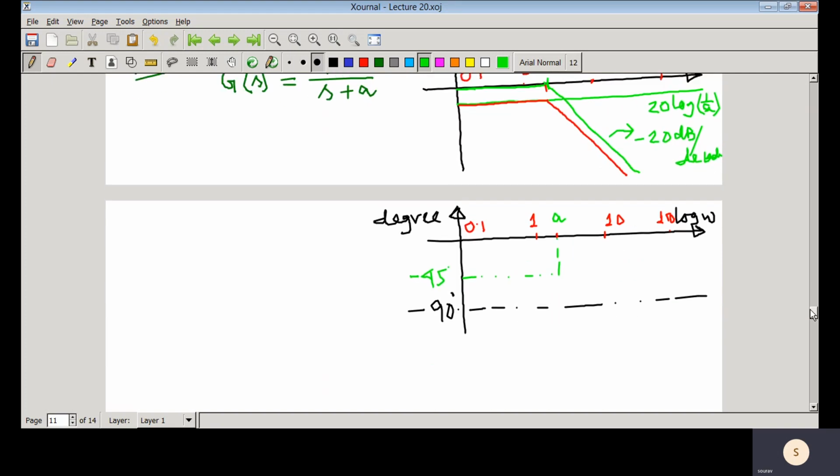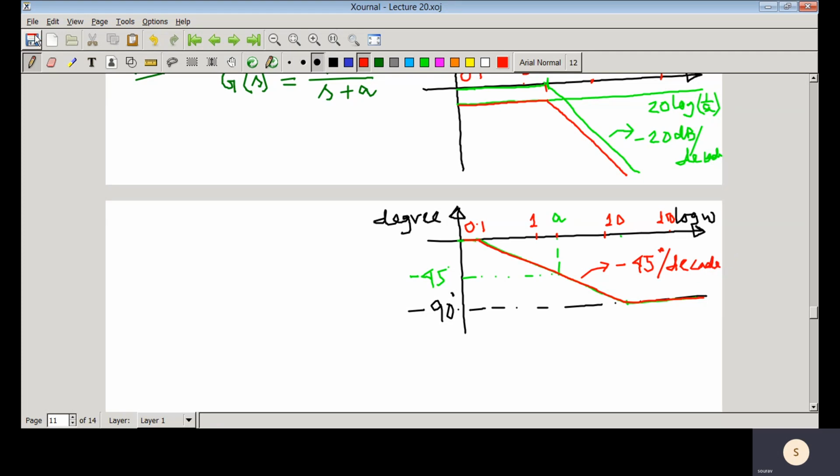Similar to s plus a, we take a point that is 1 decade above and 1 decade below, and here this slope would be minus 45 degree per decade.